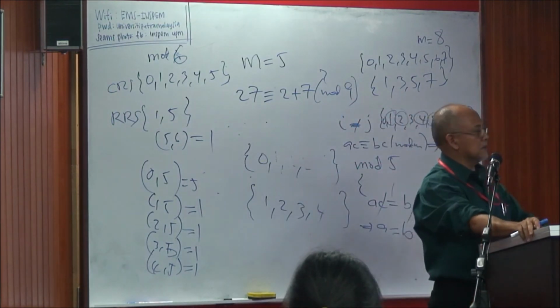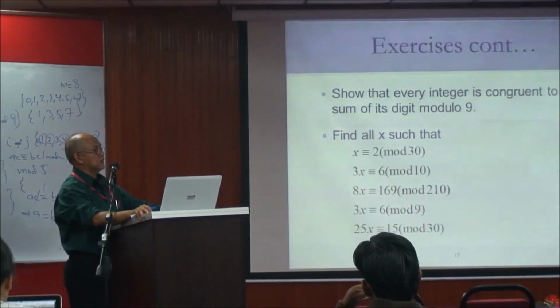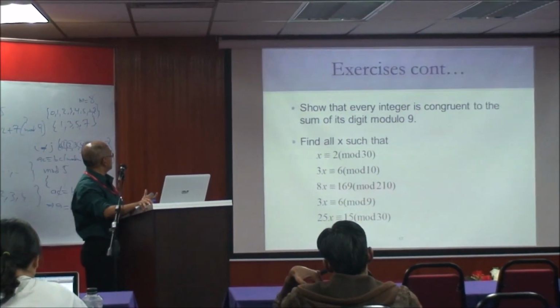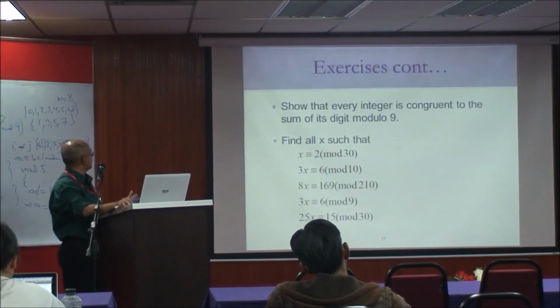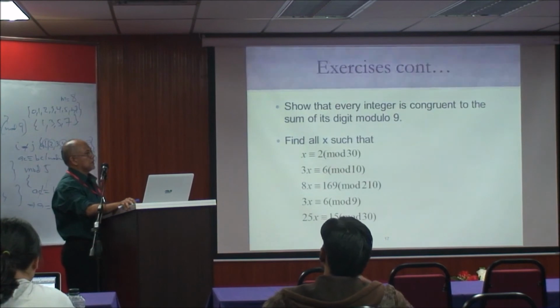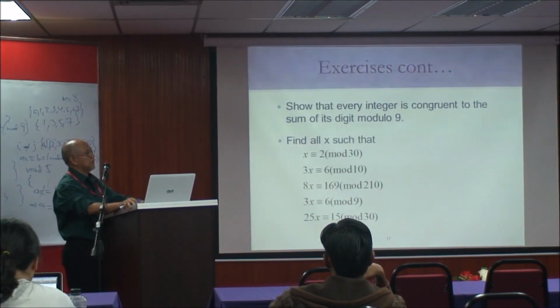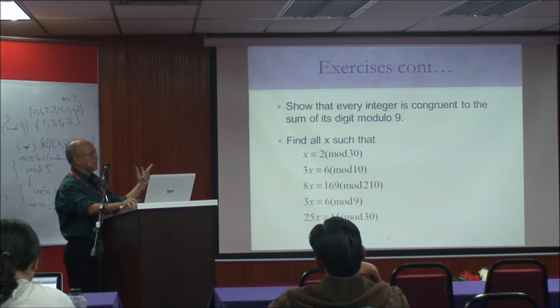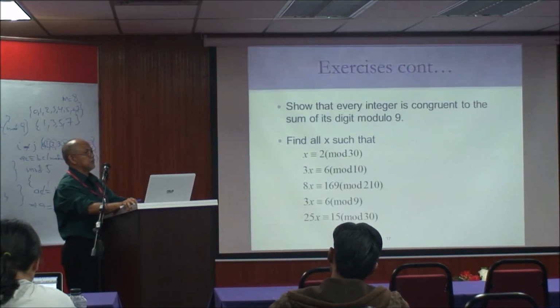So that is always true for any given integer. The integer is congruent to the sum of the digits modulo 9, meaning that 9 divides the integer minus the sum of the digits.